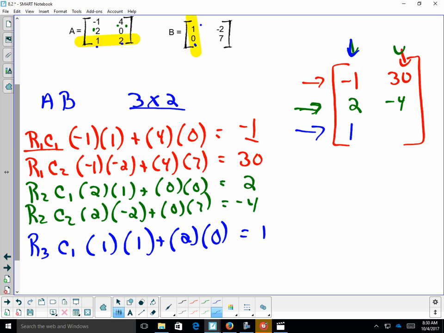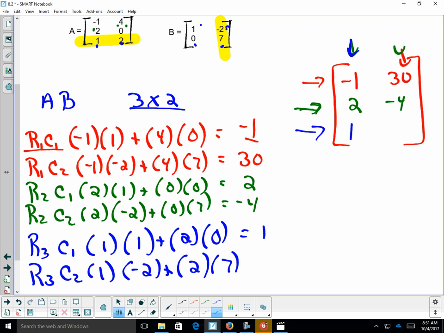Now I'm still going to stick with row 3, but now I need to take care of column 2. So I am going to do row 3, column 2. So I'm going to have that +1 times that -2 plus that +2 times that +7.